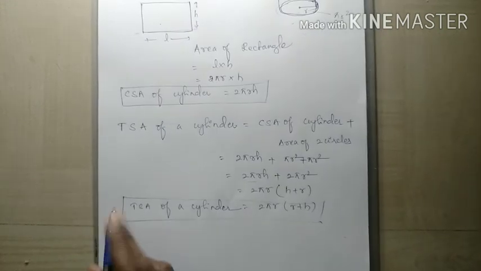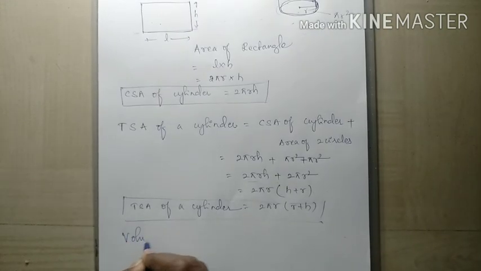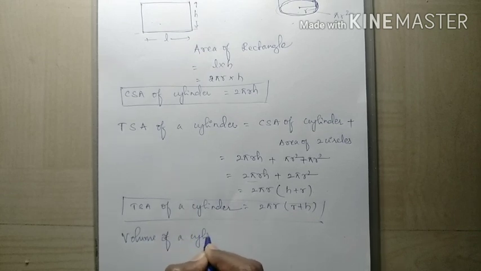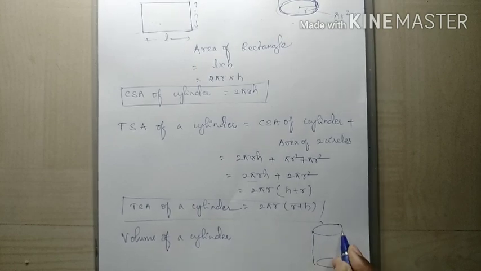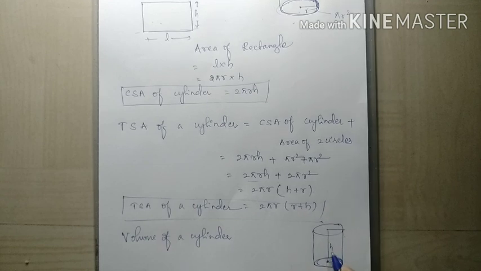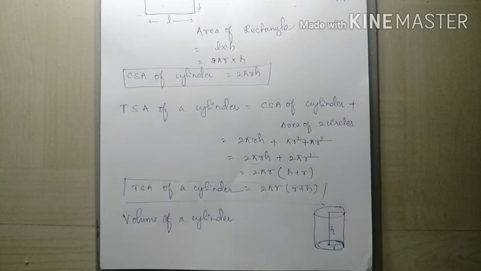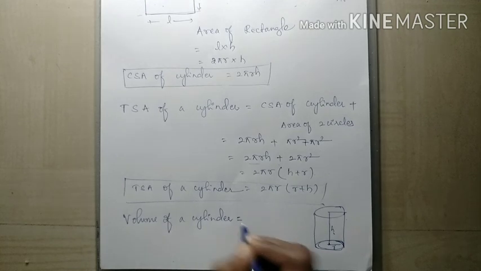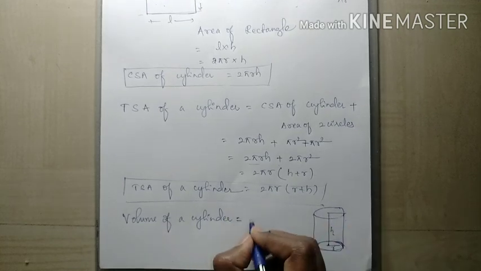Now we'll go to the volume of a cylinder. This is the radius and this is the height. Now the volume of a cylinder is nothing but base area into height.